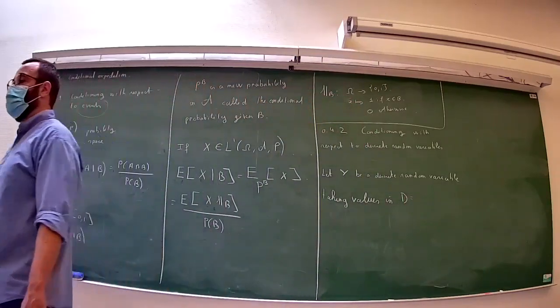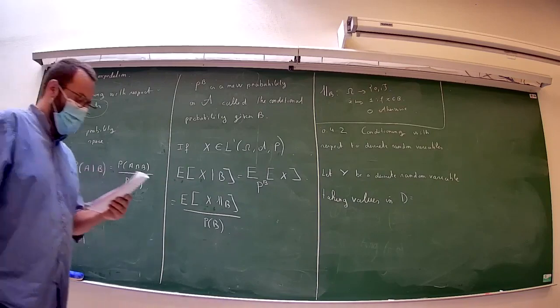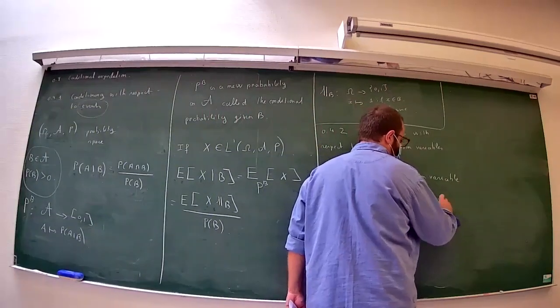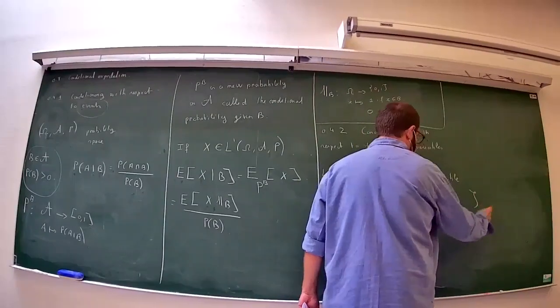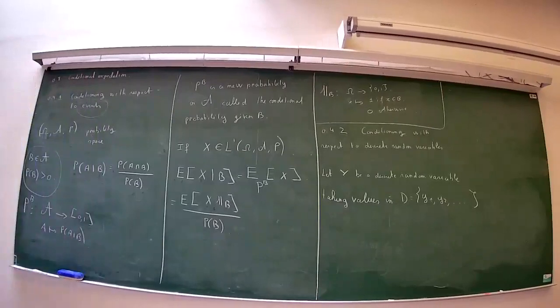Since Y is a discrete random variable, the set of the possible values is countable, so it may be written as a sequence, Y1, Y2, and so on. It can be finite or infinite, but at most a sequence.